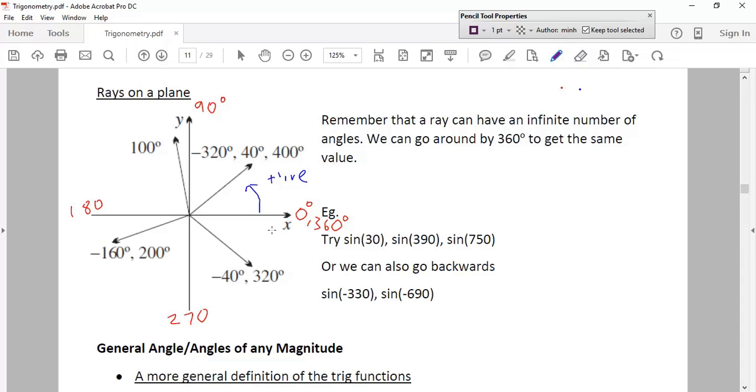So if we go back the other way, this is negative. So we could say that this is negative 90 degrees here. That'll be negative 180. This would be negative 270. Then it's also negative 360 here.